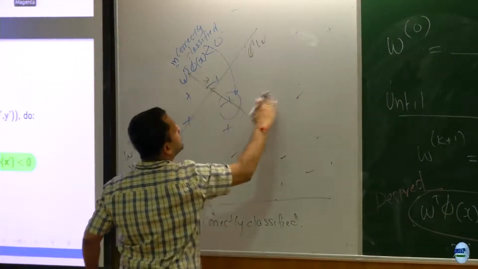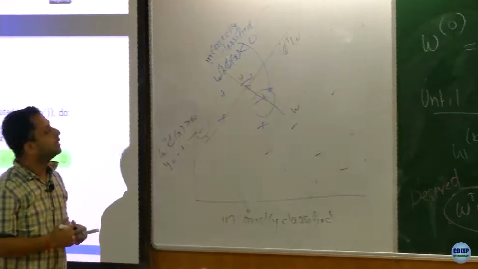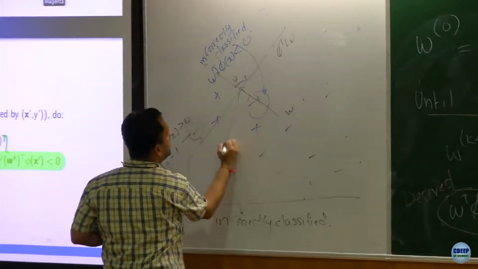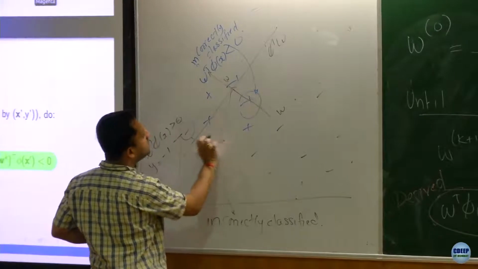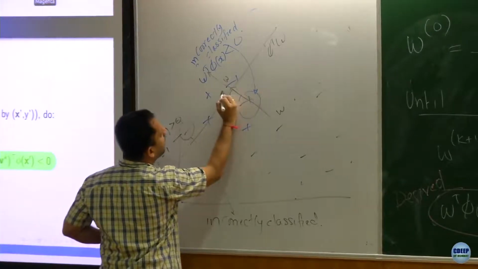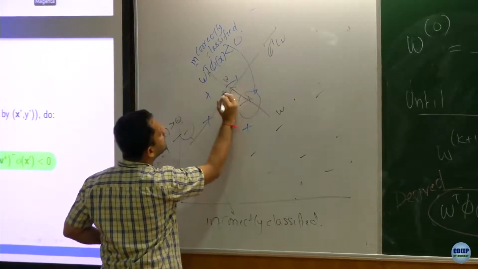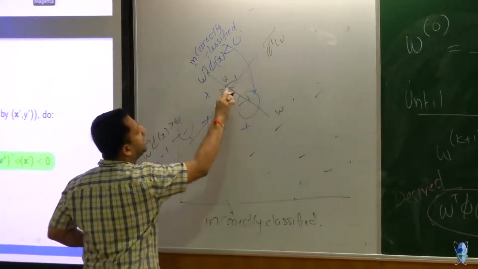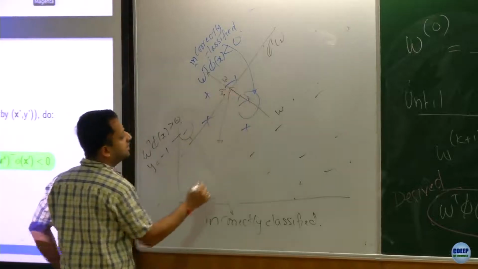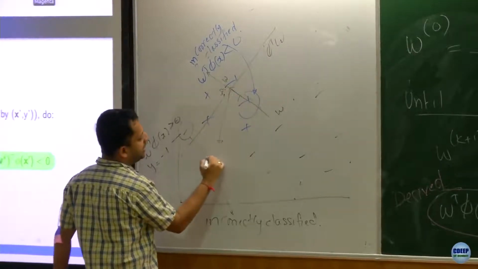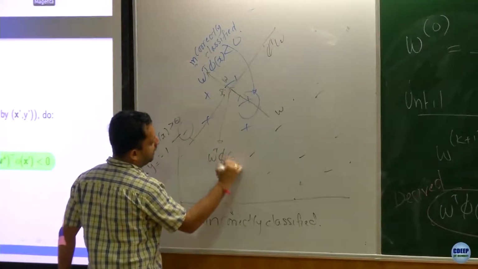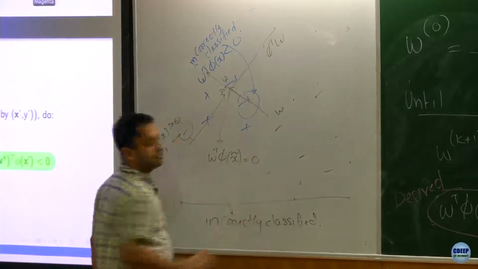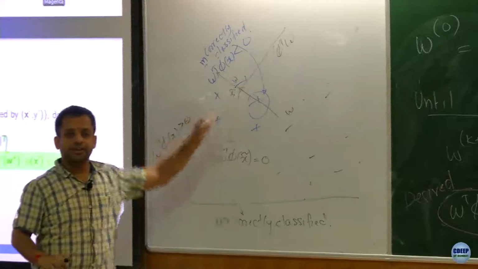This is W, this is some W, right? So here, let's say this is a point x tilde. So at this point, W transpose phi x tilde equals 0. Is that correct?